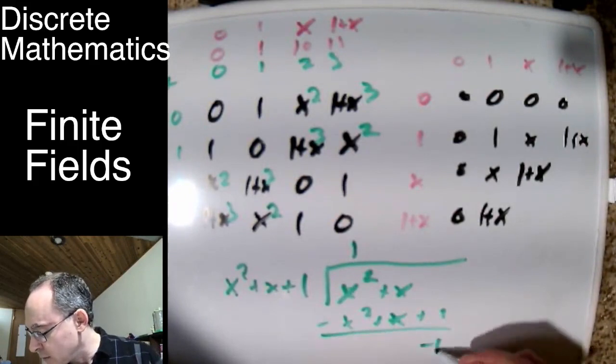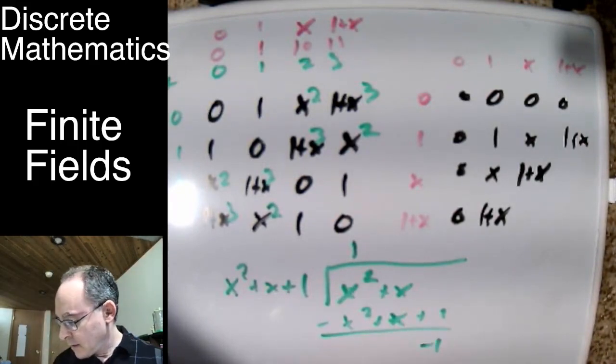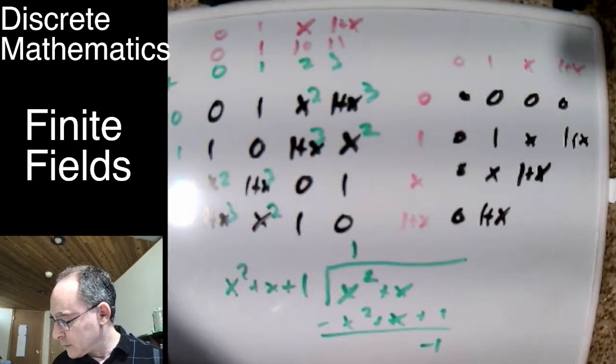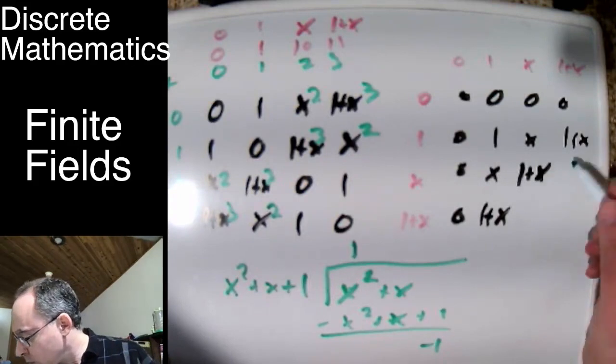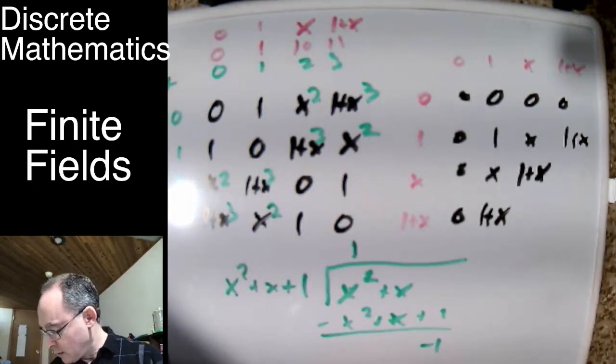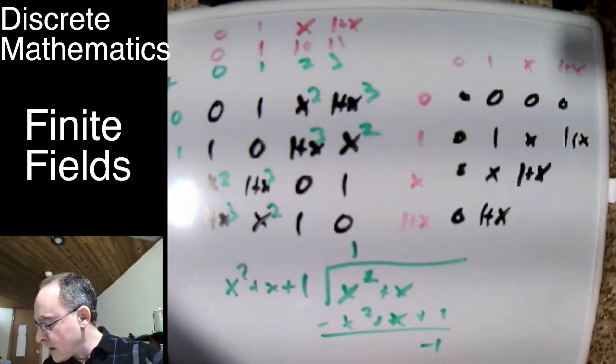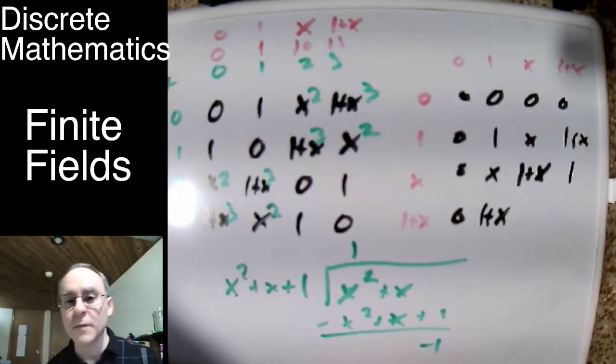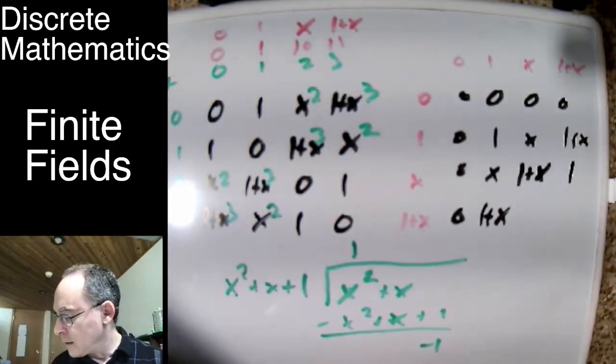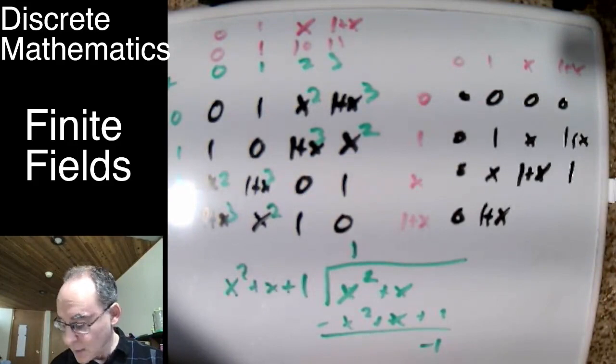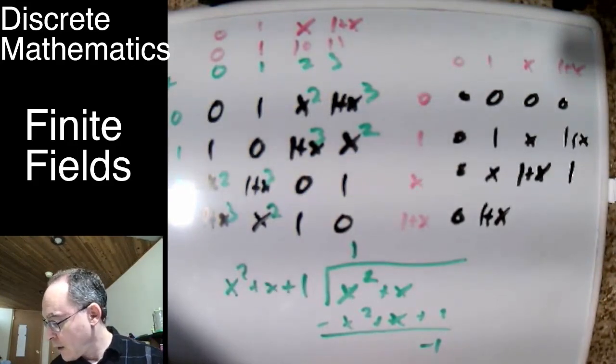Subtract that off. My remainder is -1. But we said -1 is the same as 1 when I'm doing math mod 2. So I just put in 1 over here as my entry for that part of the table.